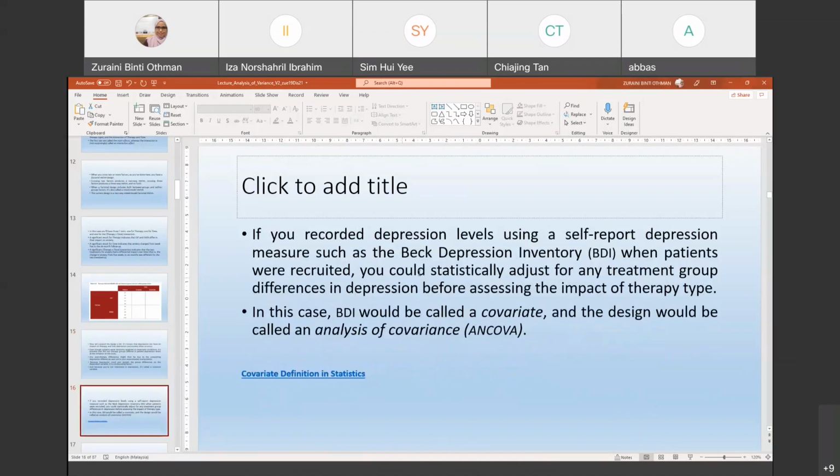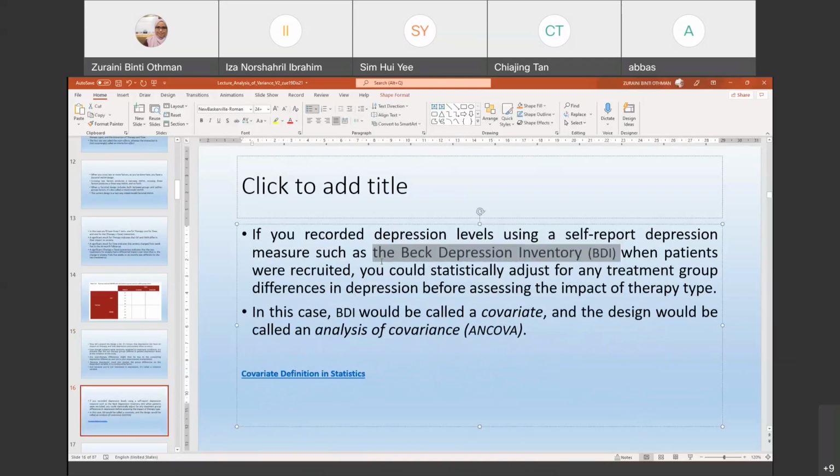If you record depression level, using self-report depression measures such as the Beck Depression Inventory, BDI, when the patients were recruited, you could statistically adjust for any treatment group differences in depression before assessing the impact of the therapy type.